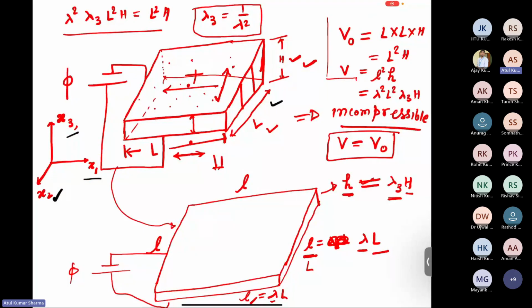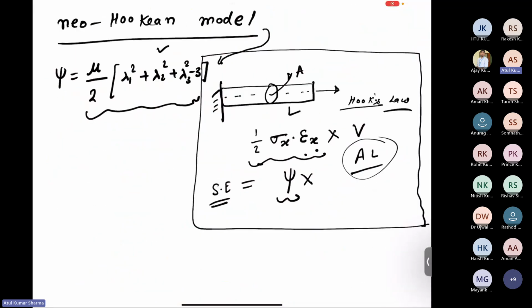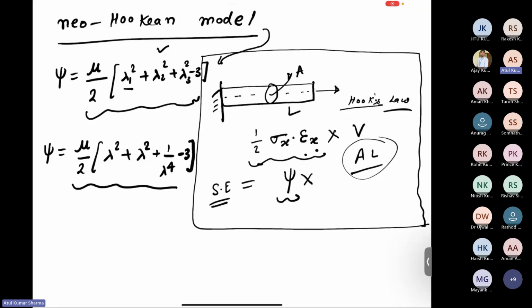So what is the stretch in the x1 direction? That is lambda. What is the stretch in the x2 direction? That is also lambda. What is the stretch in the x3 direction? That is lambda 3. We can insert those values here, which gives psi as mu upon 2 times, in the x1 direction lambda square, in the x2 direction also lambda square, and in the x3 direction 1 upon lambda square, so that becomes 1 upon lambda to the power 4, minus 3, which is the energy stored in the body per unit volume.